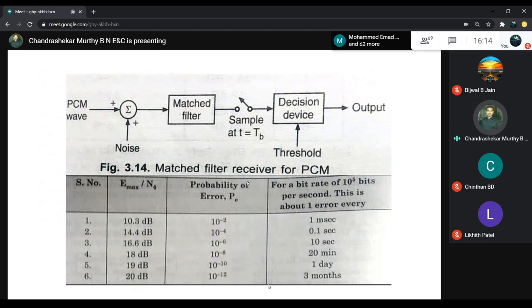The noise margin will differ when you consider a binary signal or an M-ary type. We'll discuss this M-ary type. Only thing is that the noise performance differs.